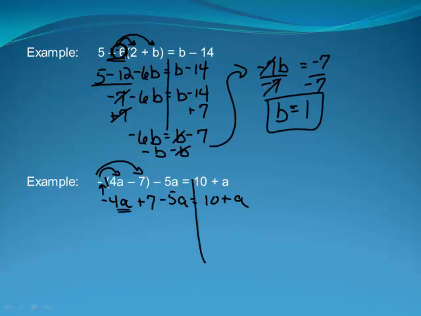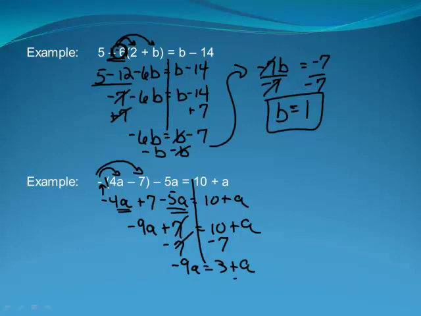Combine like terms on the same side if there are any. Negative 4a and negative 5a is negative 9a plus 7 equals 10 plus a. I'm going to choose to subtract 7 from both sides, get my a's on the left-hand side. So I've got negative 9a is equal to 10 minus 7 is 3 plus a.